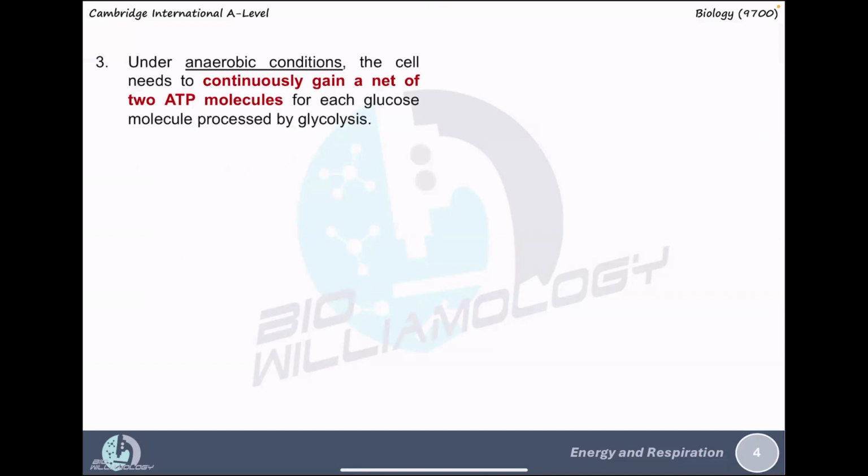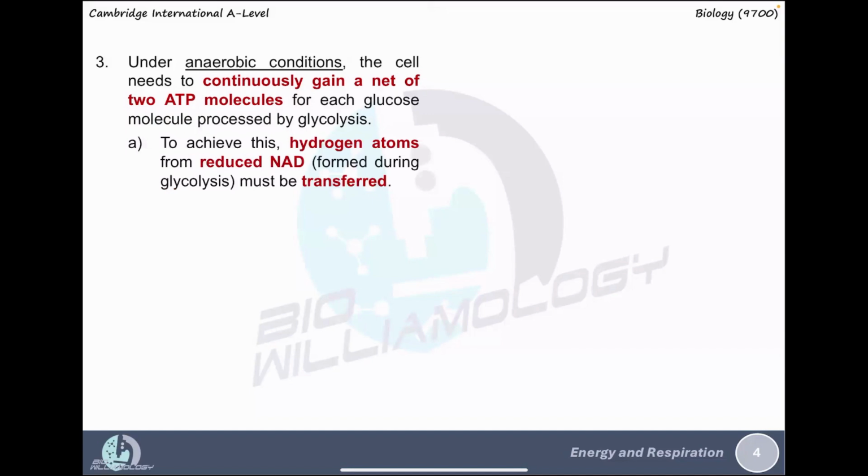Under anaerobic conditions, the cell needs to continuously gain a net of 2 ATP molecules through glycolysis. To achieve this, hydrogen atoms from reduced NAD must be transferred, okay? Because during glycolysis, the oxidation of triose phosphate to form pyruvate involves NAD. NAD must accept hydrogen atoms from triose phosphate in order to allow glycolysis to continue.